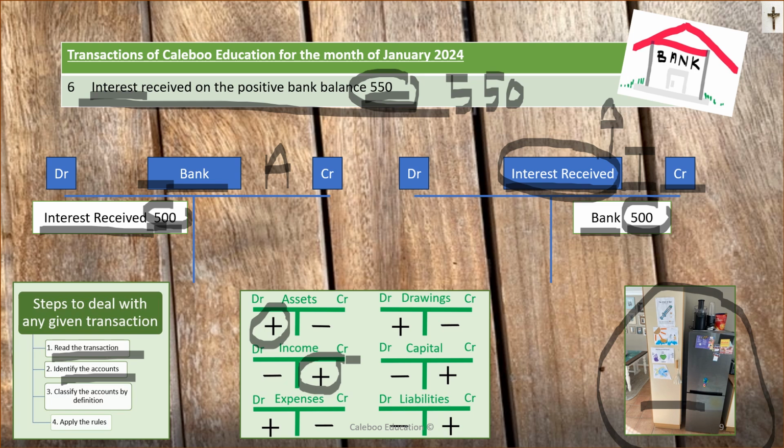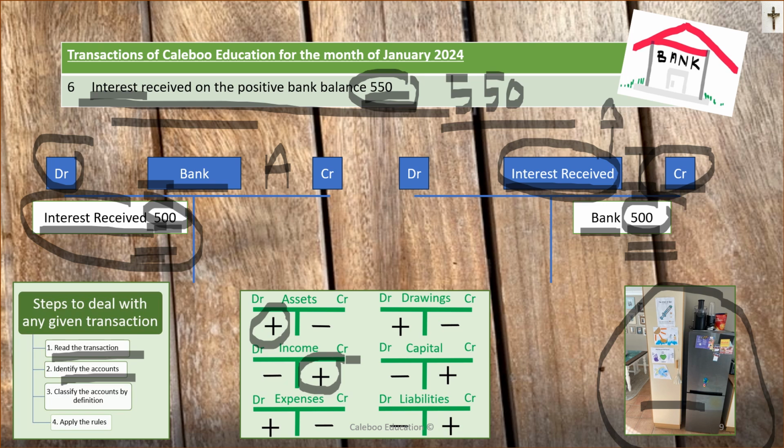Quite interestingly though, your trial balance, which we'll deal with later, because you got a 500 debit and a 500 credit, will still balance. Your debits equal your credits, but the transaction wasn't recorded properly. So there could be a problem when you do something called a bank reconciliation. You can watch a video on that. But for now, we're just recording these transactions in T accounts. Bank was debited and interest received was credited.